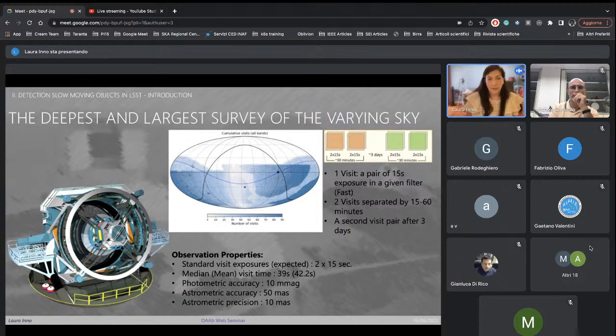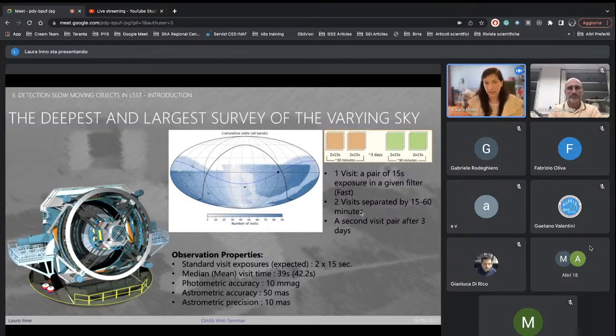So this will be an automated survey, which means that the cadence is decided a priori, is completely automatic. There is no final consensus yet on what will be the final cadence, but this is the general idea for now. Basically, for each pointing in what is called the wide, fast, and deep survey, there will be 2 visits to each position.